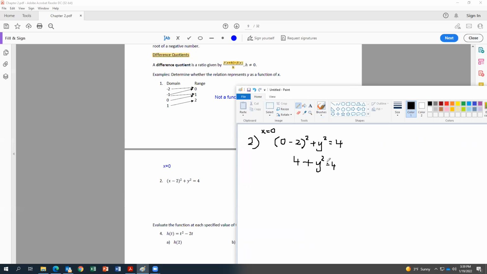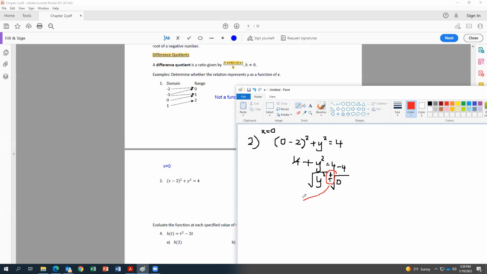So we begin to solve. You minus 4 here. So y squared in this case is 0. Now, what happens when you take the square root? Anyone know what happens when you take a square root of this? You will have plus minus. And what happens when you have plus minus?